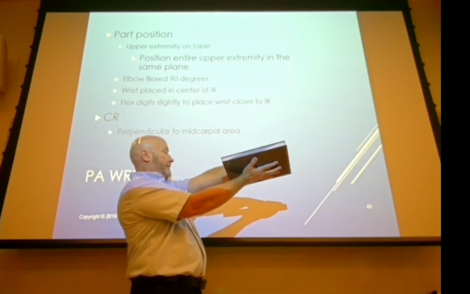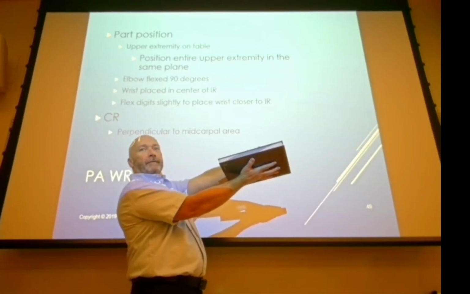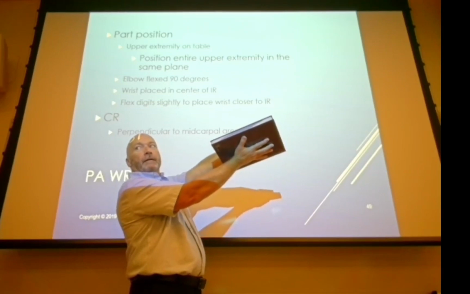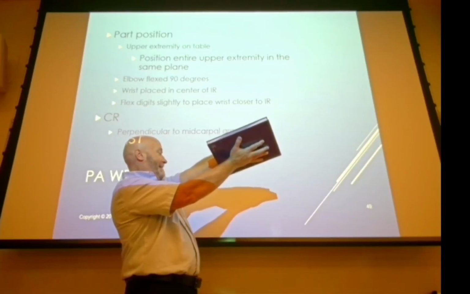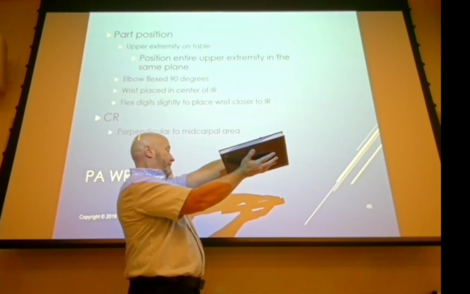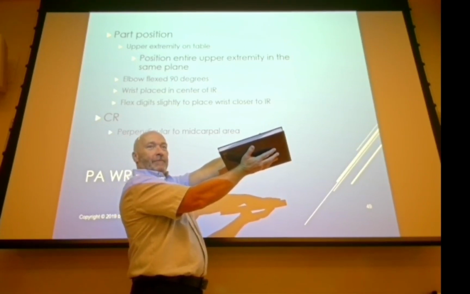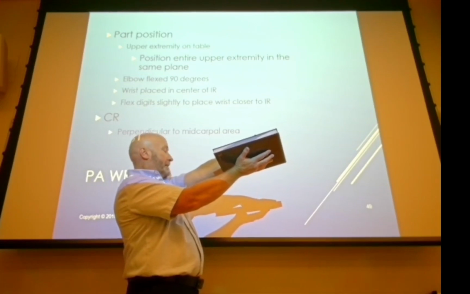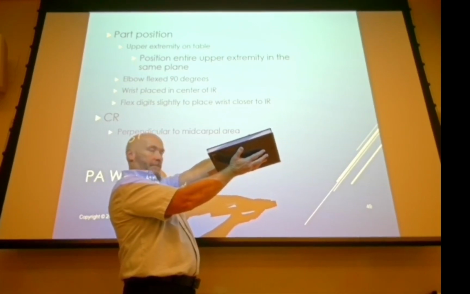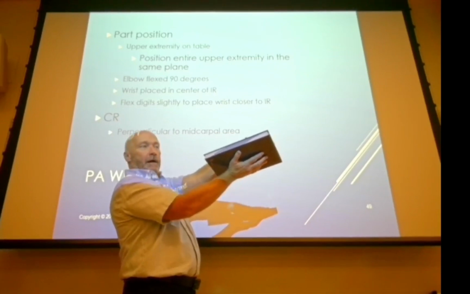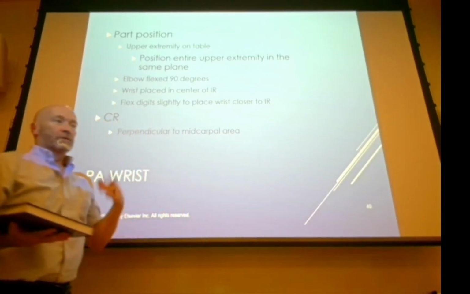Can you see it right there? Can anybody not? Every time I move, every time I look at y'all, I lose it. Can you see what I'm talking about? Where the light's going under my wrist. Okay. All right. So what is that?